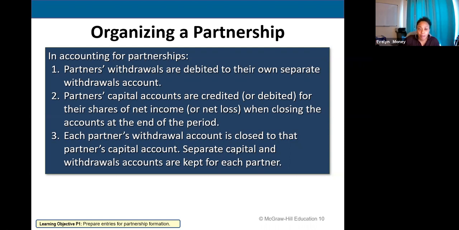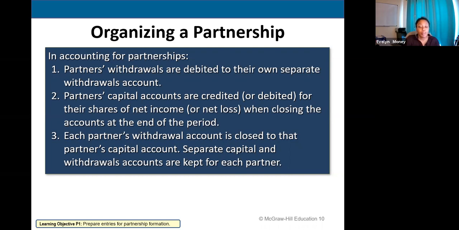When it comes to allocating income, remember in the closing process, there are 4 entries that we have to do. In the first one, we close revenues to income summary. Then we close expenses to income summary. And then we close income summary to capital accounts. Well, all of this is true for a partnership, but only when we get to step 3, we have to close income to each partner's capital account.